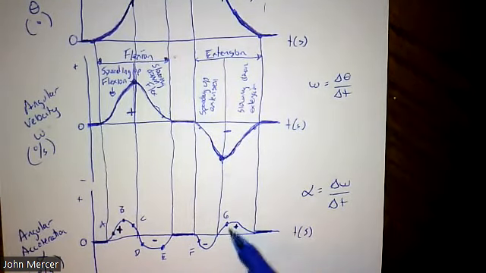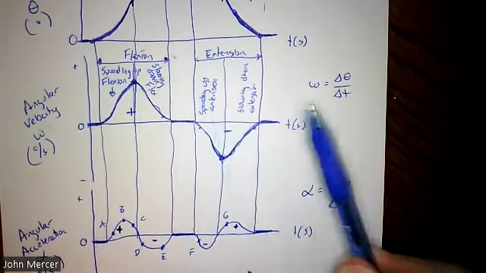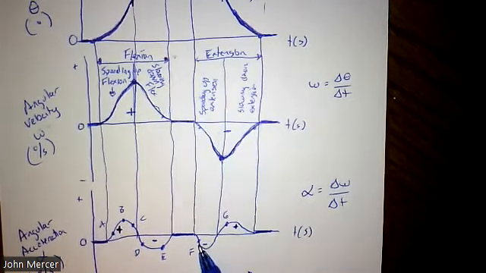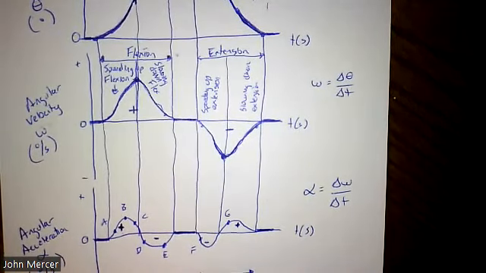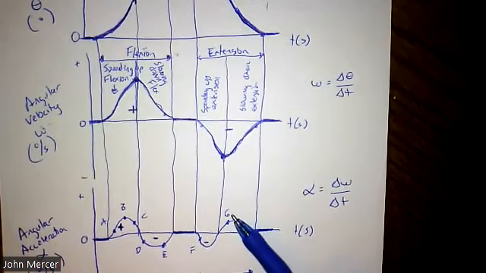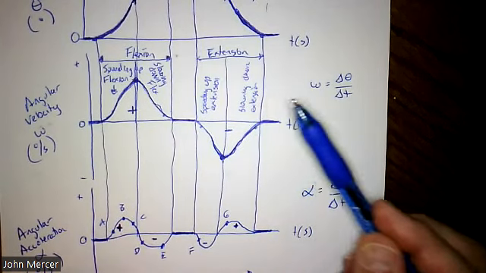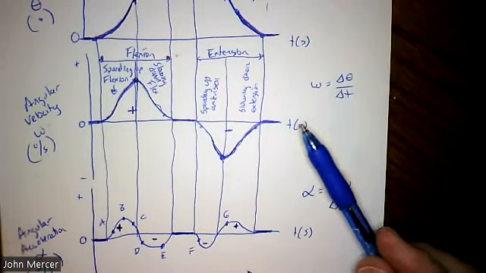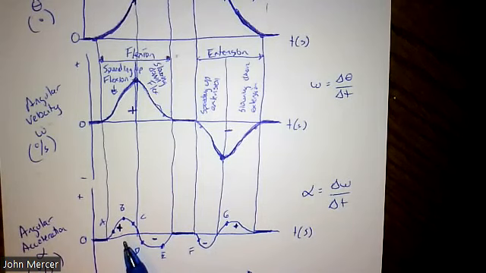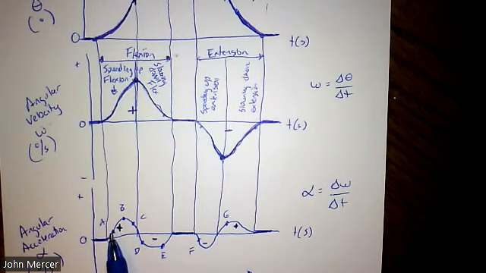Don't look at this plot, look at this plot. So which point falls in the phase that indicates speeding up through extension? Speeding up through extension, it would be F. If I said which of these points was slowing down through extension, I'd have to say G. Why? Because G occurs in this phase. If I said which of the following points would be speeding up through flexion, well, don't look at this plot, look at this plot, find that speeding up through flexion, and then it would have to be A, B, or C.